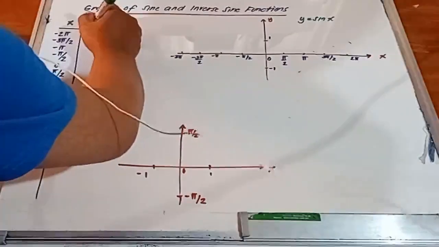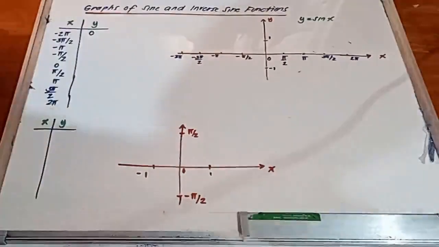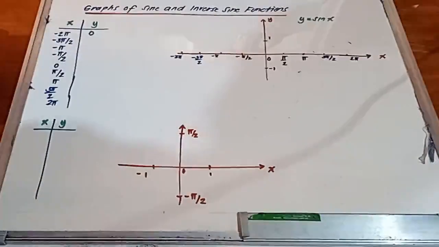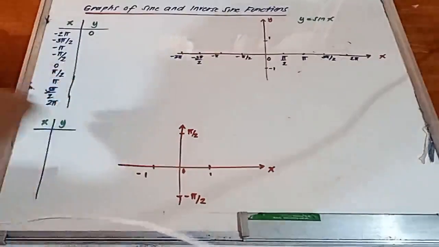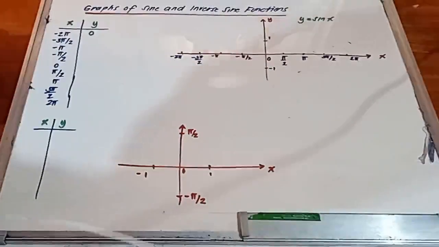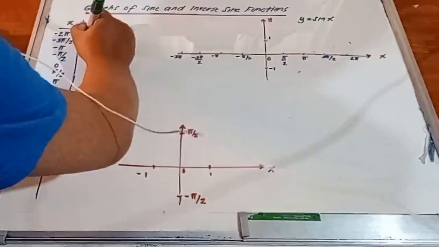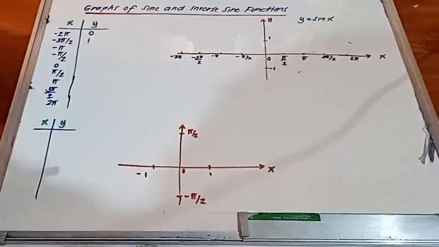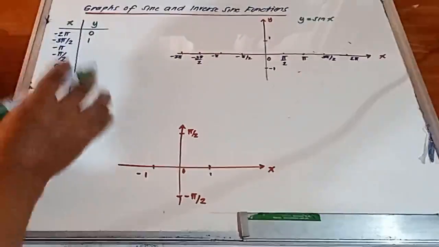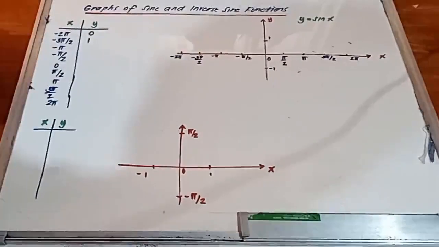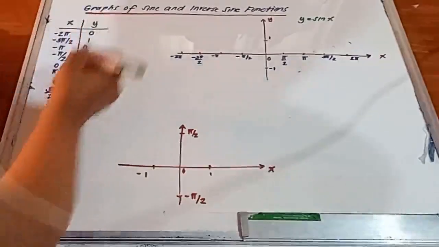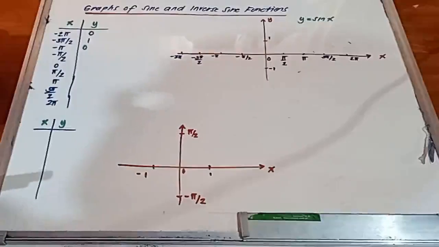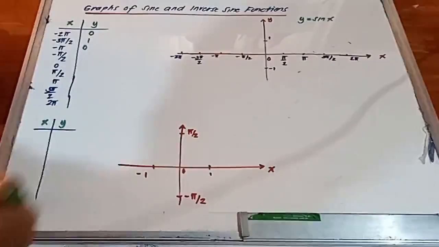So, 0 ang ating y. And sine of negative 3 pi over 2, positive y-axis siya, so we have 1. And sine of negative pi, nasa negative x-axis siya, so 0. Sine of negative pi over 2 is equivalent to negative 1.